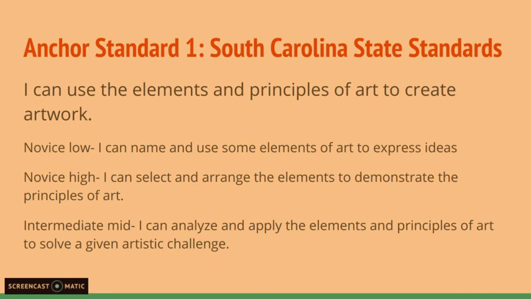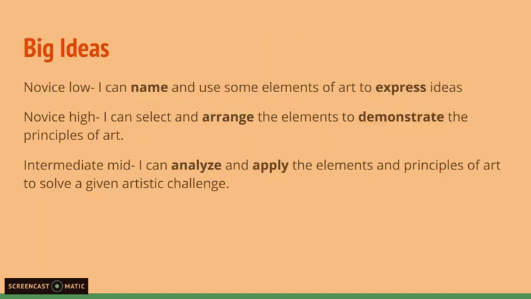So looking at these, thinking about what the big picture is and what they actually need to do, I've highlighted here. For the novice low, they need to be able to name things and express. For the novice high, they are arranging and demonstrating. And for the intermediate, they need to analyze and apply.